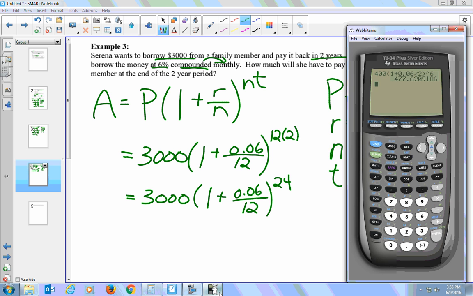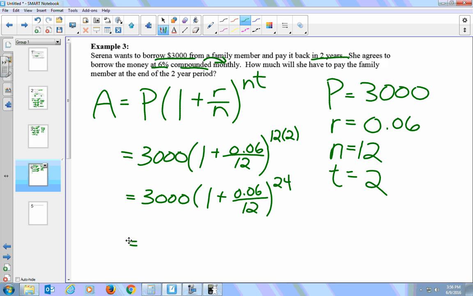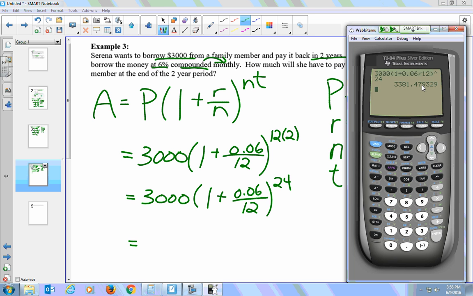Now enter the calculator. So 3,000 bracket 1 plus 0.06 divided by 12, close bracket, use the hat to get the exponent, 24, equals 3,381, and again, 2 decimal places, but that's a 9, so that means it's closer to 48 than 47, so we're going to round this up to 48.